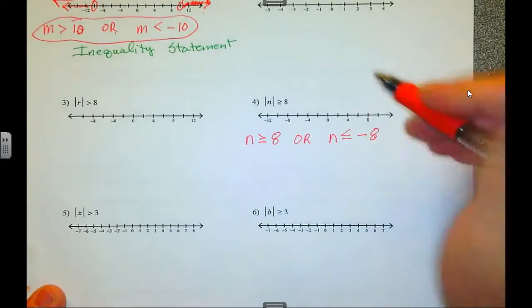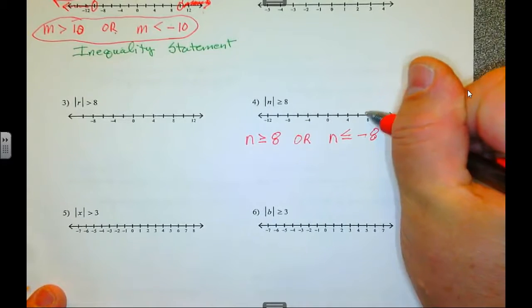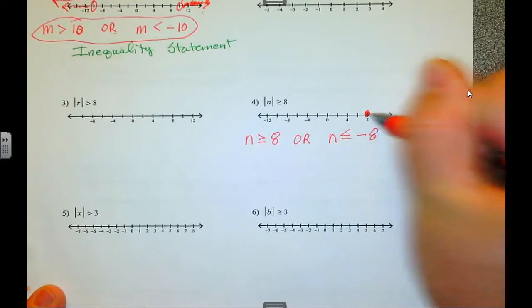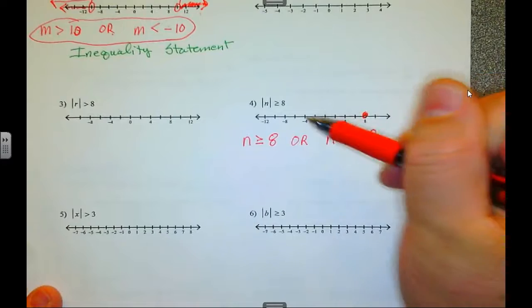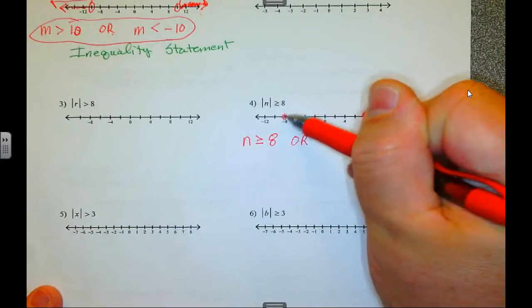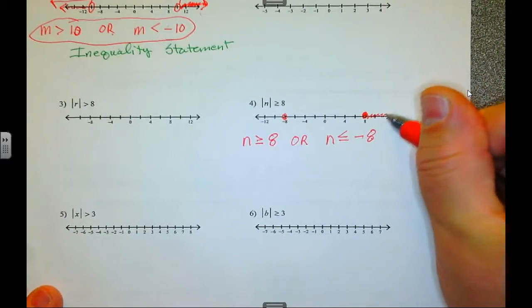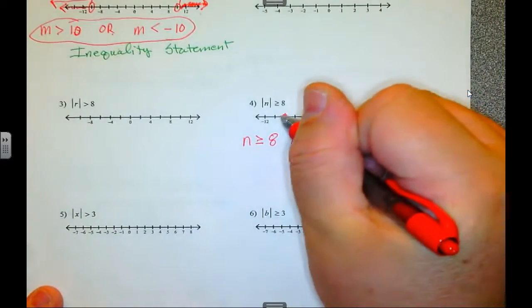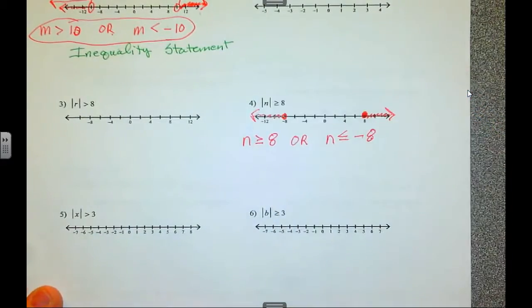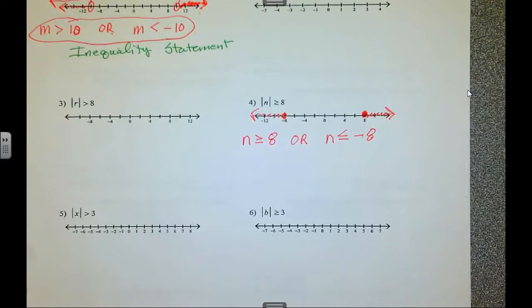So, closed circles at 8. Yep, still going to go the opposite directions. Pretty easy, right?